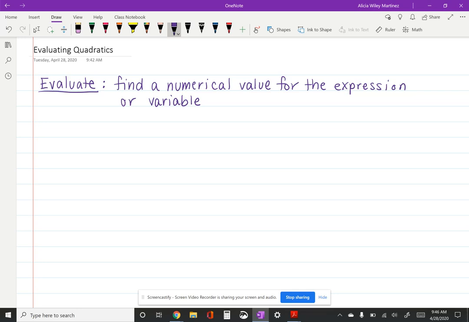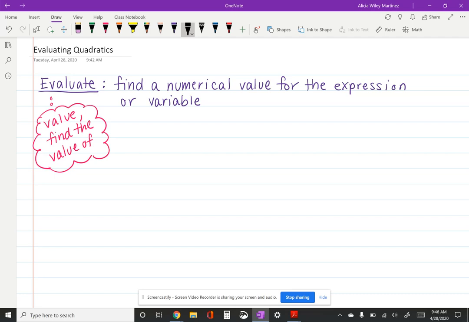Whenever you see the word evaluate, think the word value. So always think value, think find the value of. Okay, so that's a good way to think about the word evaluate.